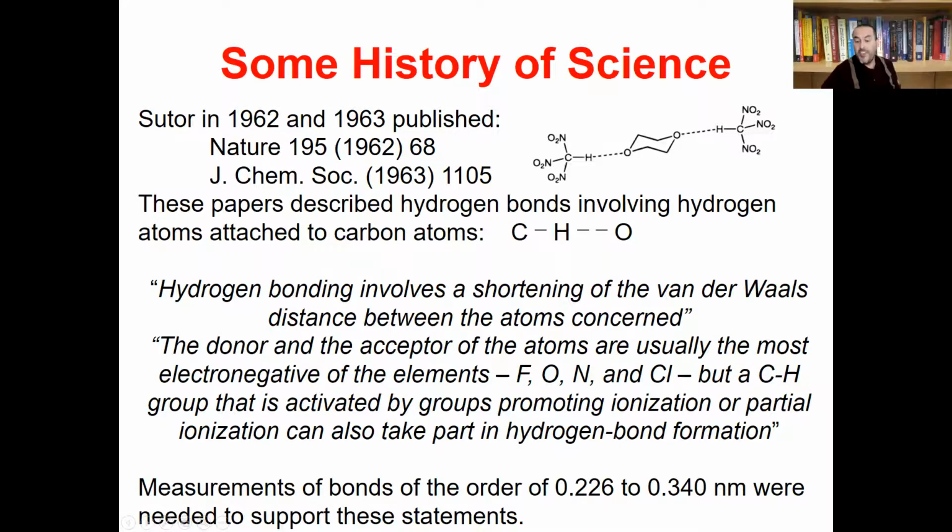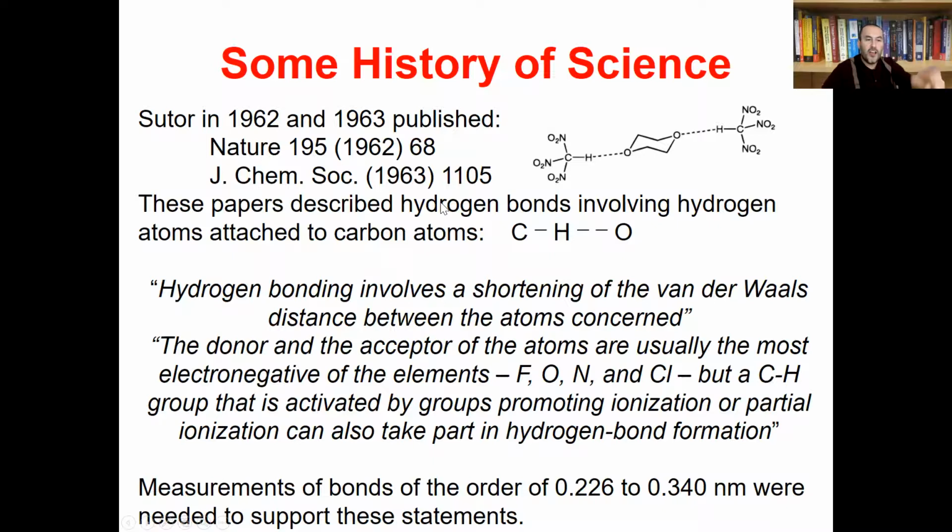Even today, some of you have already calculated, or perhaps will calculate, radial distribution functions to detect hydrogen bonding, and these are the two characteristic distances that we look for. There is also orientation involved, but these are two characteristic distances of hydrogen bonding, and they were measured almost 60 years ago.